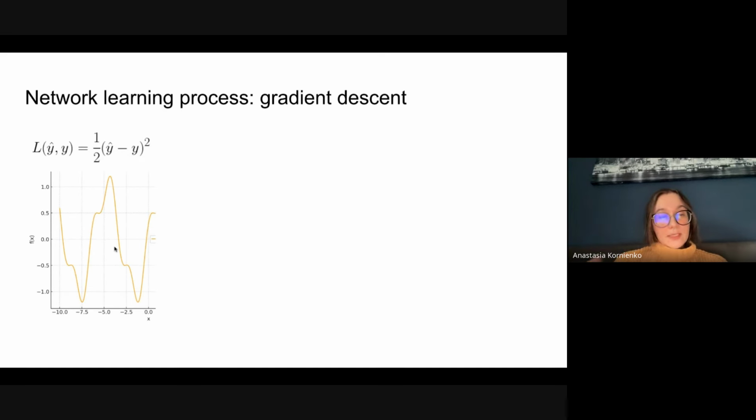And it looks like something like this. It's a non-convex function. It has several minimums, not only one, and it's not really useful for the learning process. You will see now why.